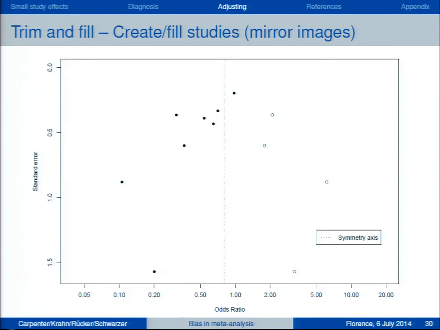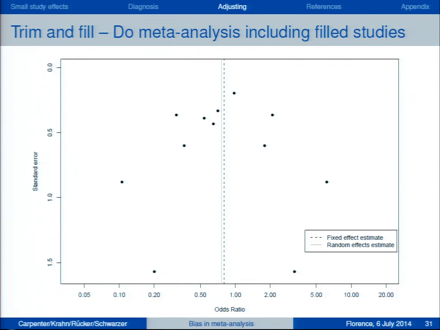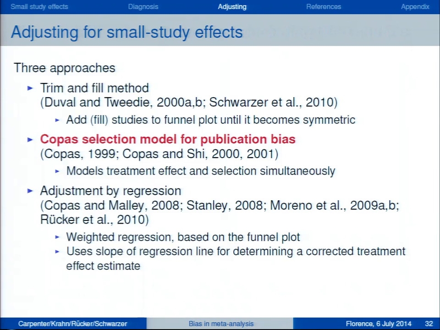And now the funnel plot looks a bit more symmetric, and finally a random effects meta-analysis is done on this new study set with the added, filled-in studies. Here a fixed and a random effects estimate are given, and this now serves as the corrected estimate for this meta-analysis. Yes, this is the trim and fill method simply visualized.